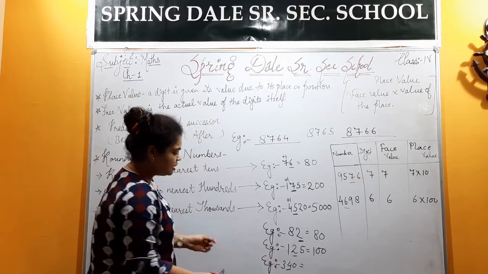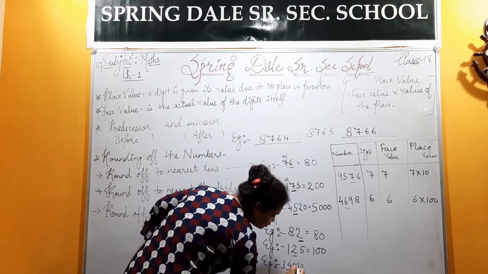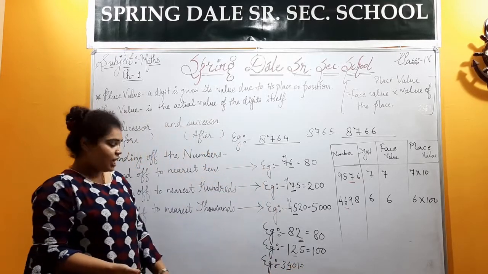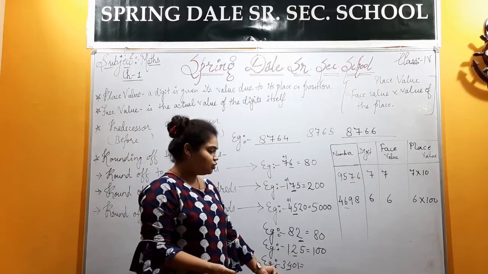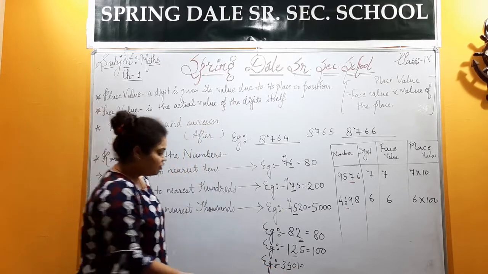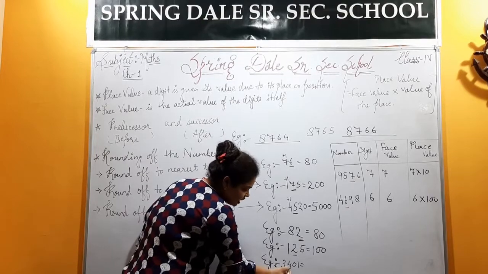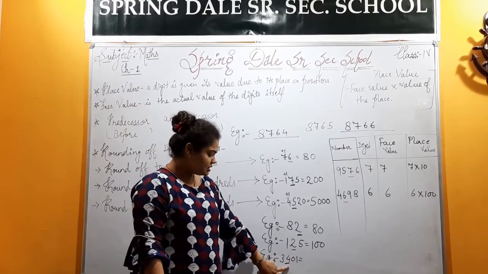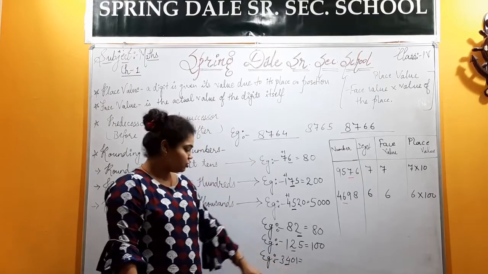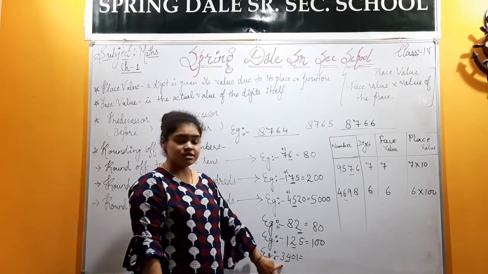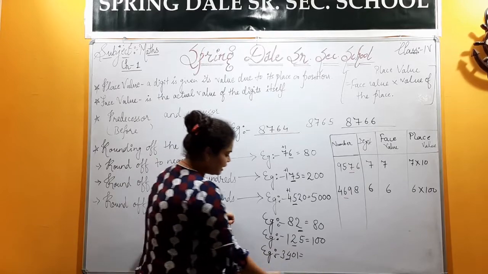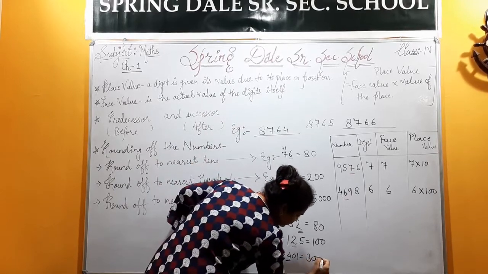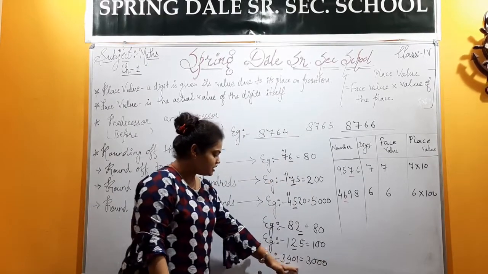So I have written 100. So we will add one more digit to this number. Now we have to round off this number to the 1000. Now we will see this 4. It is at the hundreds place. It is less than 5. So we are not going to add any number to this 3. We will simply write 3000 as the rest of the digits will become 0.